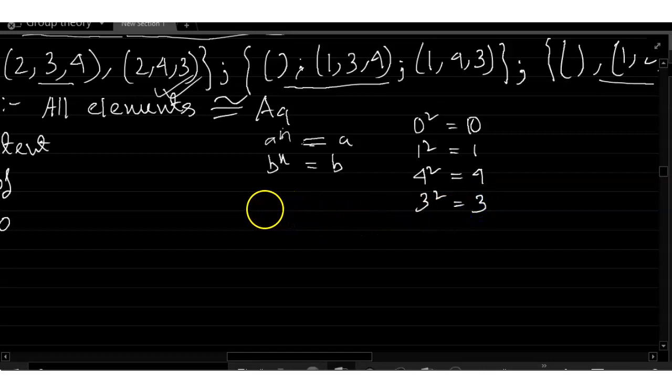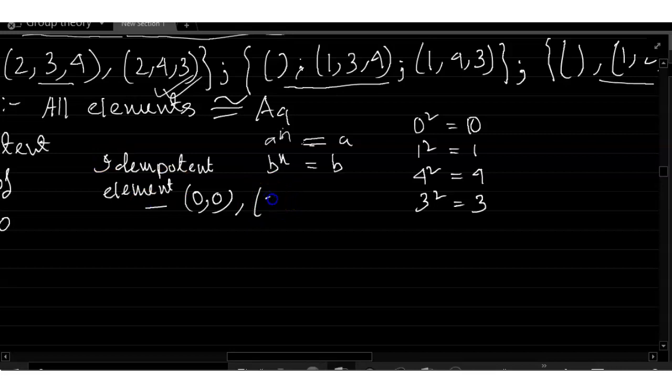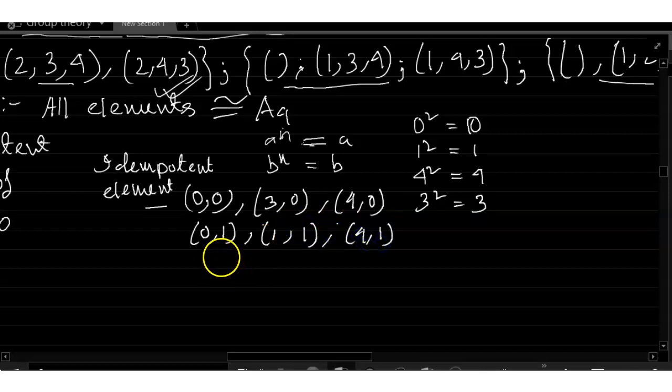So my idempotent elements are (0, 0), (3, 0), (4, 0), and (0, 1), (1, 1), (4, 1), (1, 0).